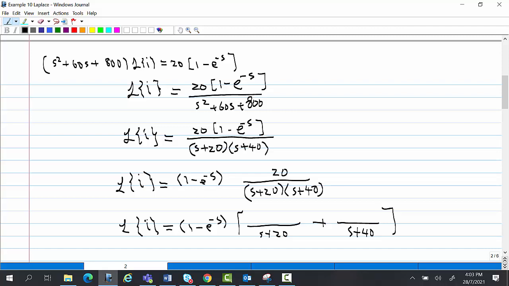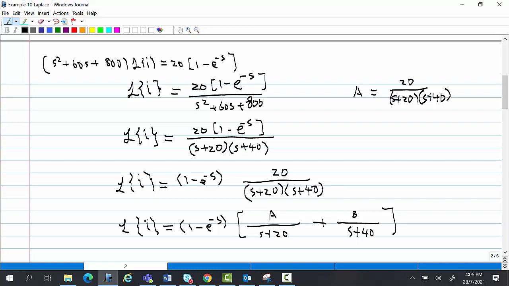Using the cover-up method, let's call these numbers A and B. A is equal to 20 over (s plus 20)(s plus 40).